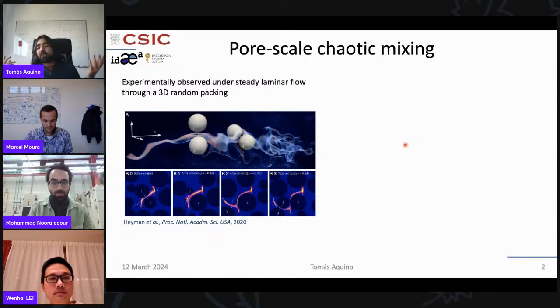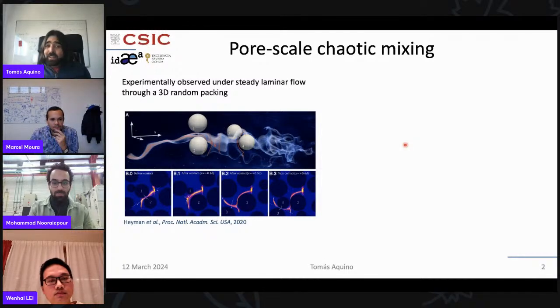This exponential divergence leads to efficient exploration of space, and this in turn leads to efficient mixing called chaotic mixing. This is quite well known in the context of turbulent flows, but more recently it has also been experimentally observed under steady laminar flow through 3D porous media.